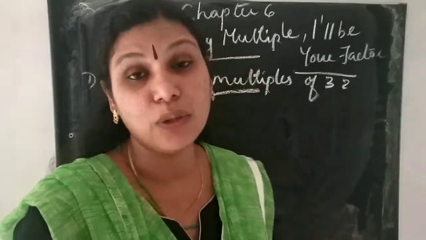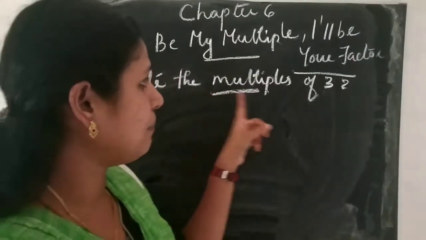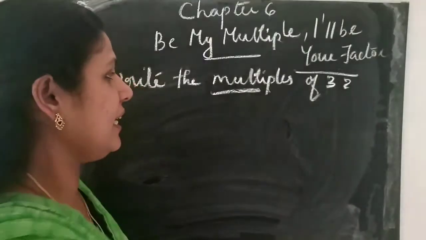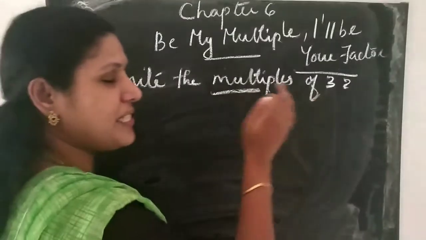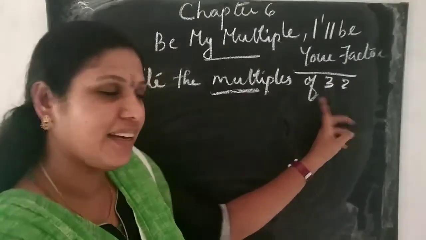So let's go to the first question: write the multiples of 3. In this question, you just write the multiplication table of 3. Okay, that's the answer.